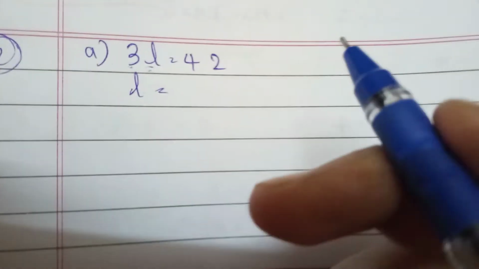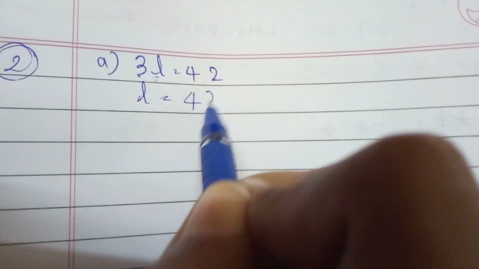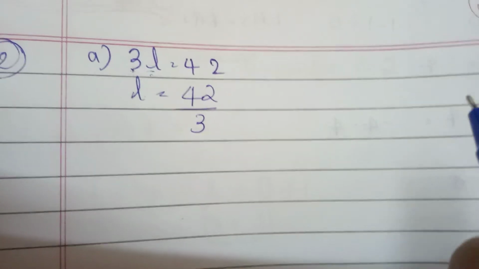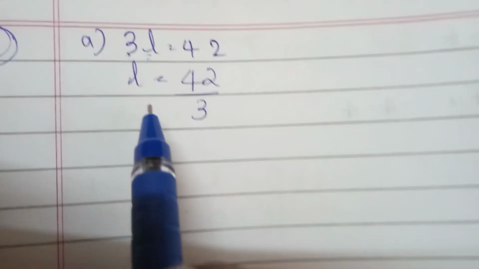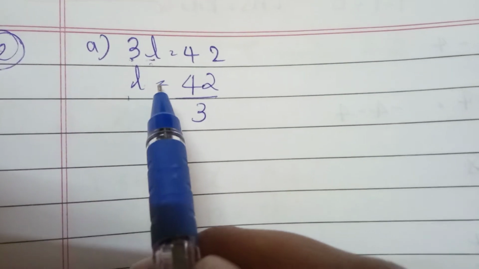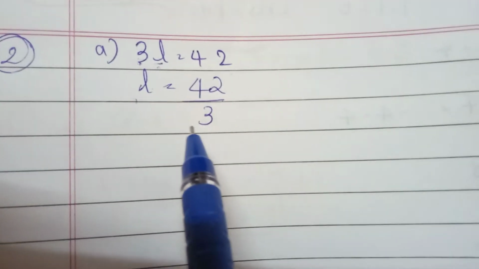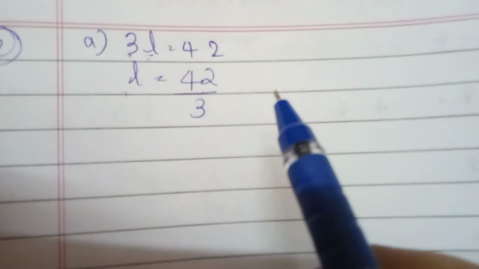When I bring L out, these both will get divided. So 42 divided by 3. Remember this, this is very important. When I bring L outside, this 3 will come down of 42. So 42 divided by 3.